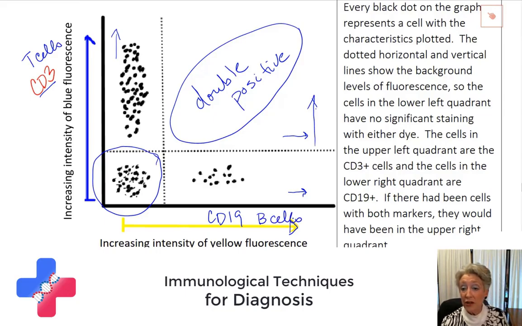So I don't have any such thing as a cell that would have both. I do, by contrast, have a number of cells in the peripheral blood that would not have either CD3 or CD19. They could be my neutrophils. They could be my eosinophils.